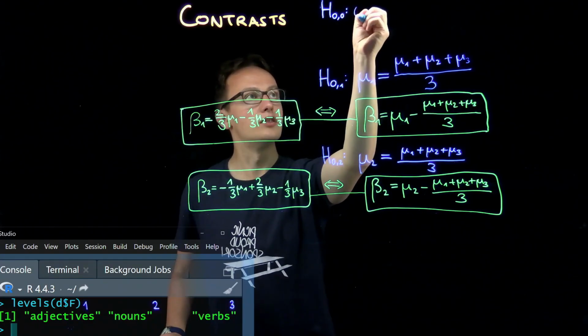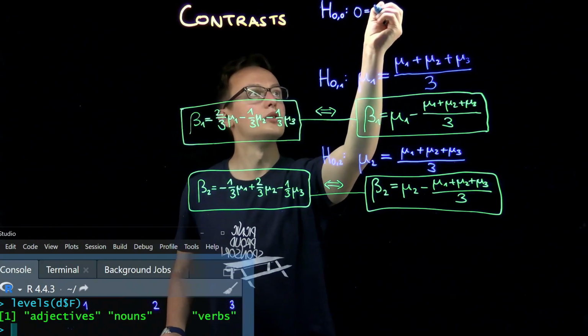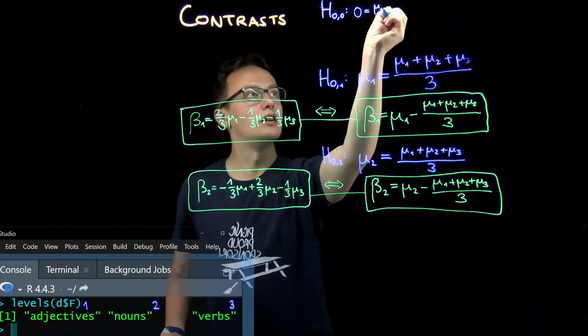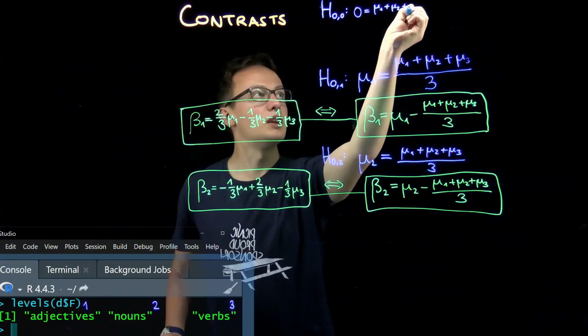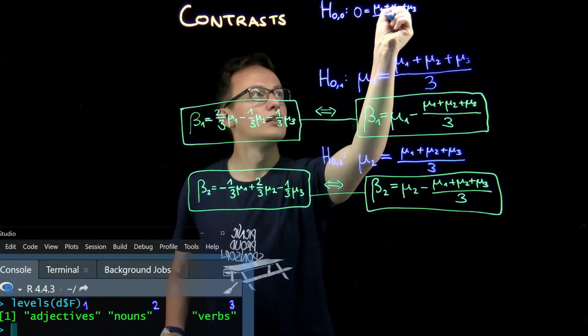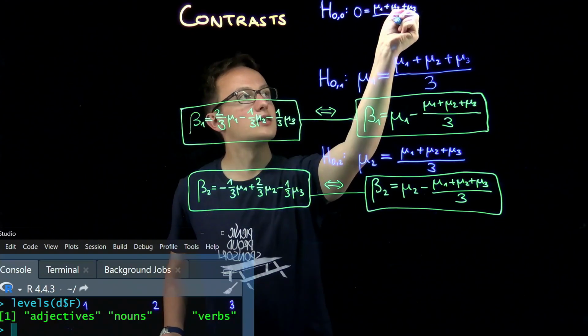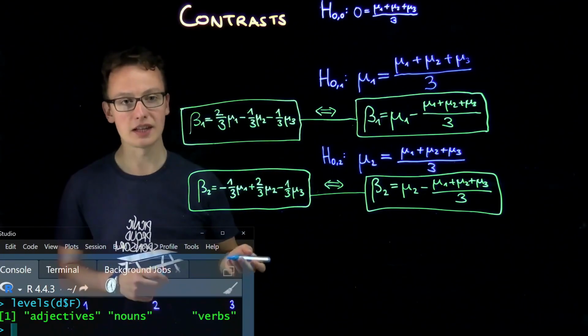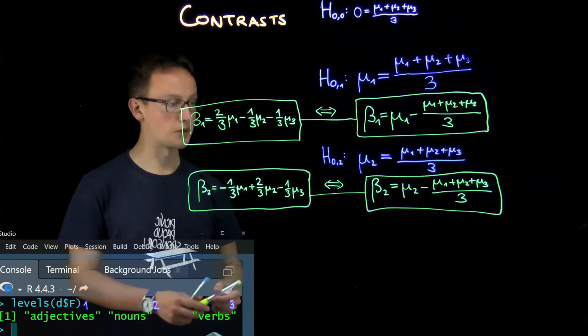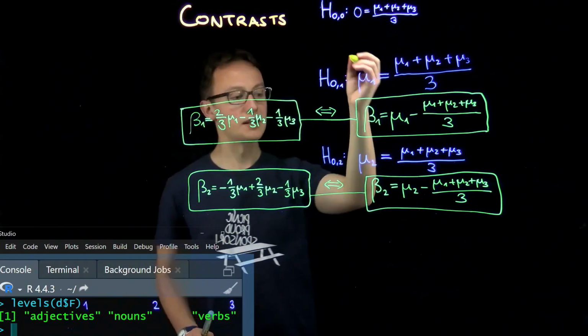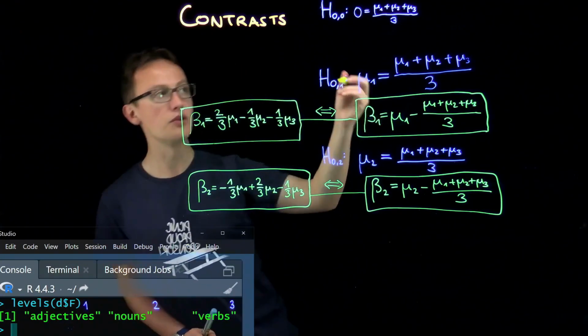So 0 is equal to mu1 plus mu2 plus mu3 divided by 3. And then likewise, we will also have the intercept parameter, beta 0, as we usually call it, which we want to estimate, and this would then basically be just equal to the grand mean, okay?